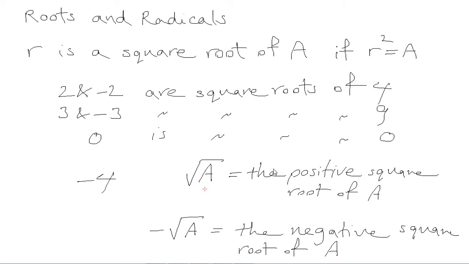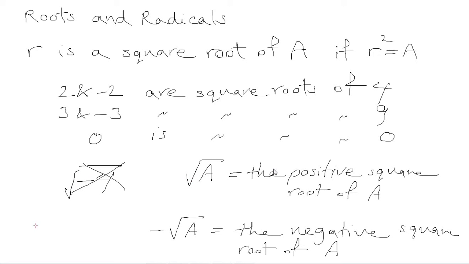Assuming that a is a positive number, radical a is the positive square root of a, and negative radical a is the negative square root of a. And if a is negative, then radical a is not defined. For example, negative 4 is a negative number, so radical negative 4 is not defined.